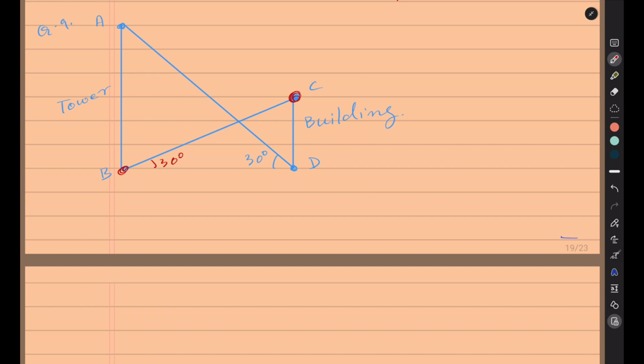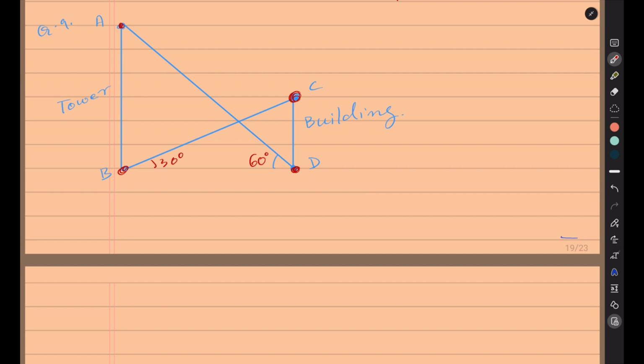This looks more like 30 degrees. That's why I have just changed that. And the elevation of the top of the tower from the foot of the building is 60 degrees. So here is the foot of the building and here is the top of the tower, 60 degrees. It looks more like 60 degrees, although not very accurate.